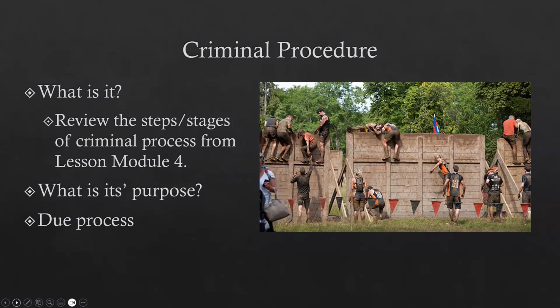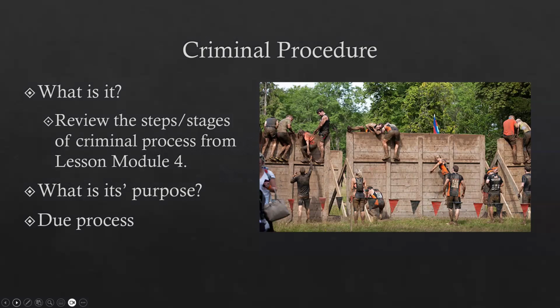So these are the rules that make things fair, or seek to make the system fair, so that if someone does lose their freedom, it's because it's justified. It's just in our system to deprive them of their freedom as punishment for a crime.